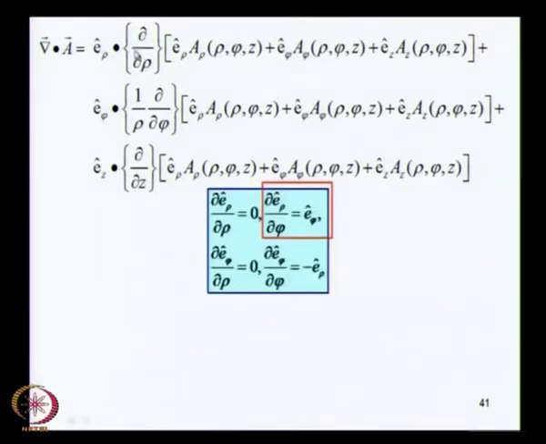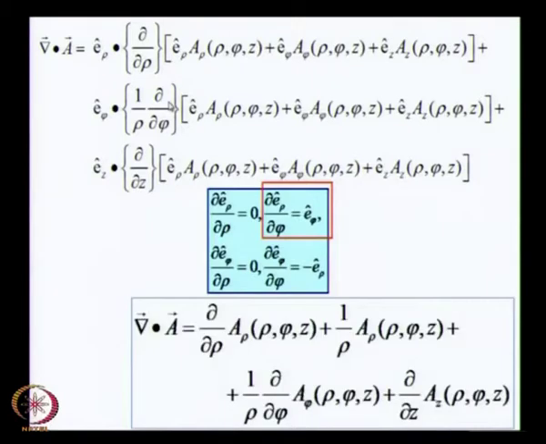Now, when you do the calculus, you have to remember that the derivative of the unit vector E rho with respect to phi is E phi, and the derivative of E phi with respect to phi is minus E rho. This we have done, and we will use these results when we take the derivatives of E rho and E phi with respect to the differential operator del over del phi.